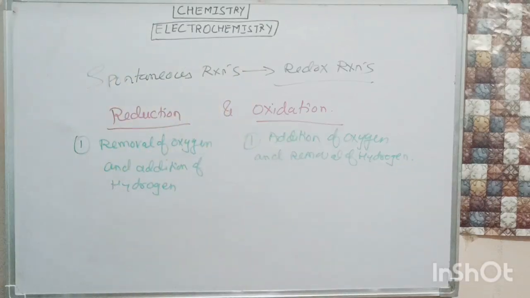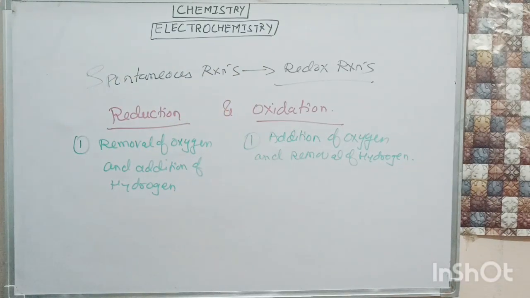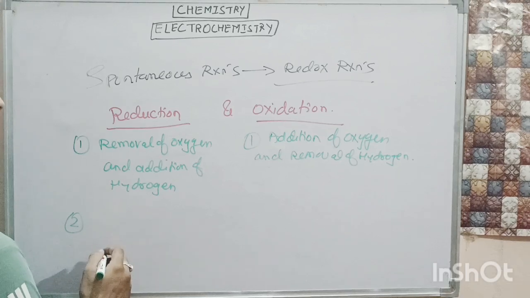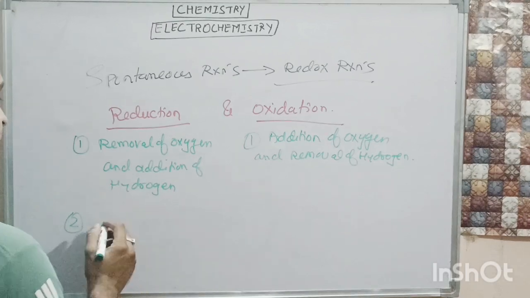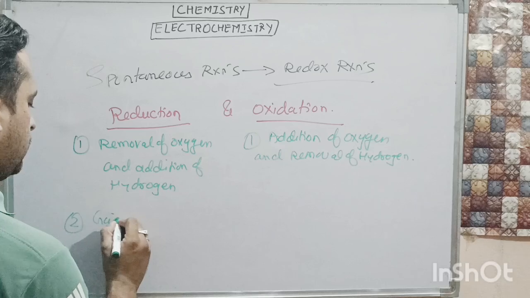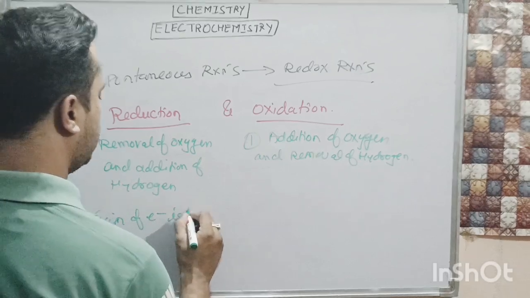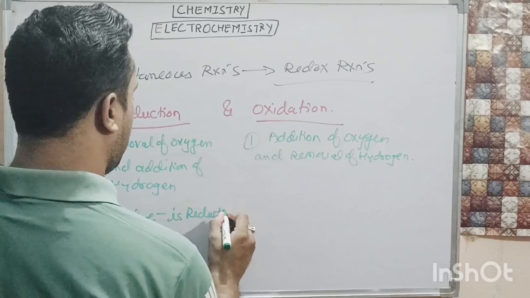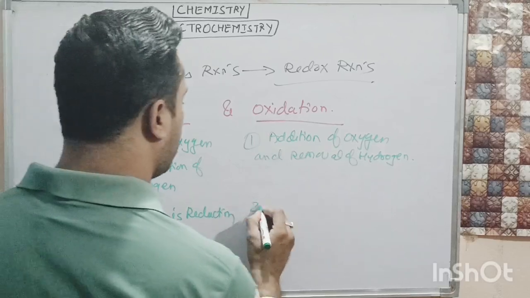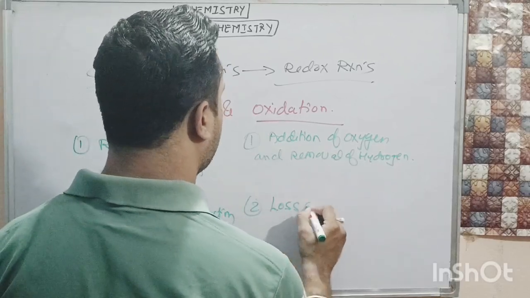Now, in terms of electron transfer, gain of electron is reduction, and loss of electron is oxidation.